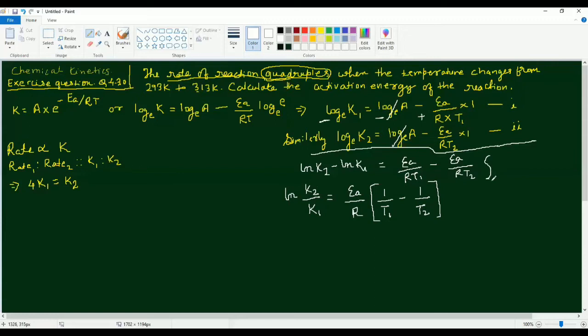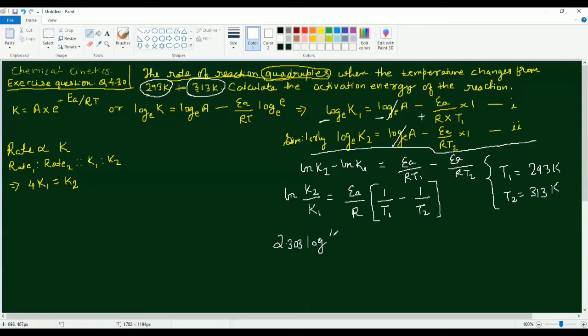where T1 is equal to 293 Kelvin and T2 is equal to 313 Kelvin. This can again be written as 2.303 log. That is how we convert natural logarithm to decimal logarithm.